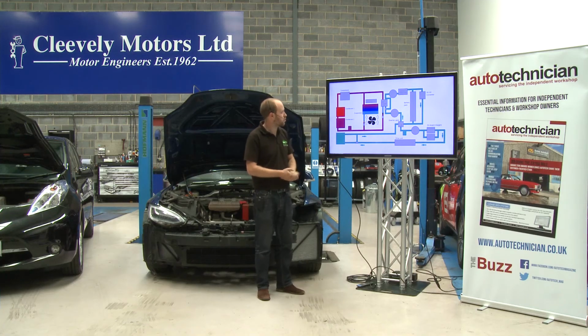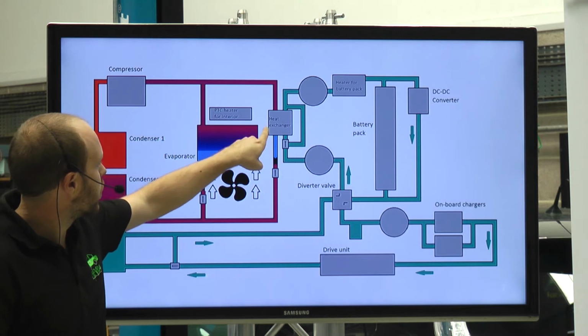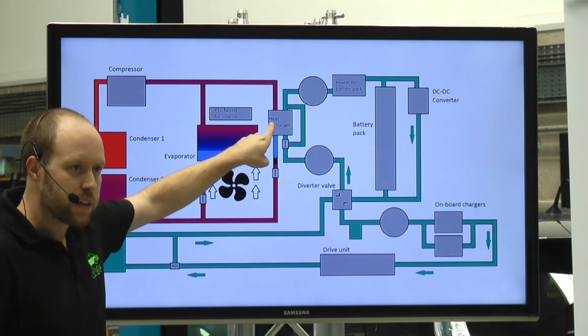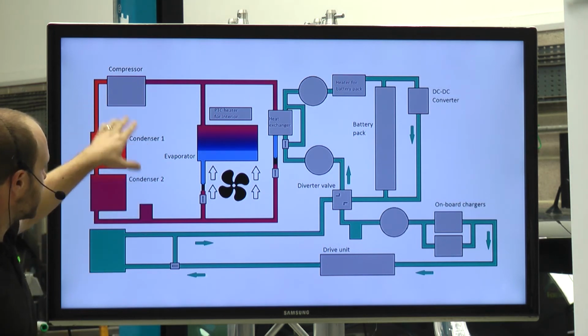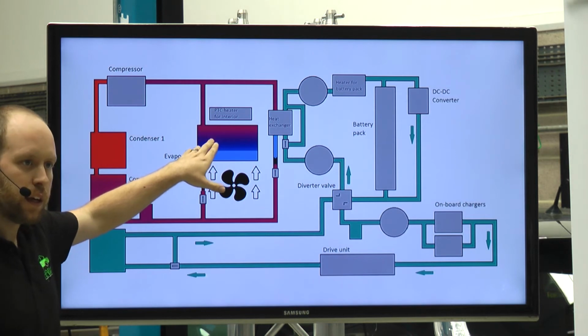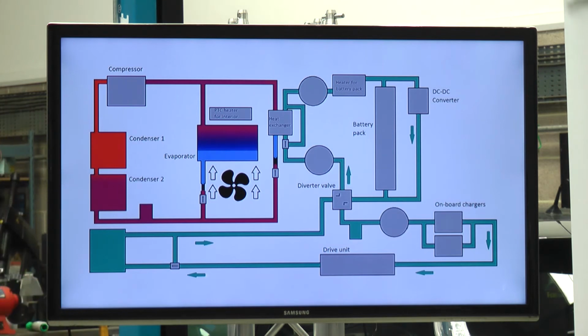What we can also do is we can open this valve and we can also cool down this heat exchanger. So we'll talk about that a bit more in a moment, but we can run the compressor and we can either cool the interior of the car or the heat exchanger, or both, depending on what the cooling needs are.